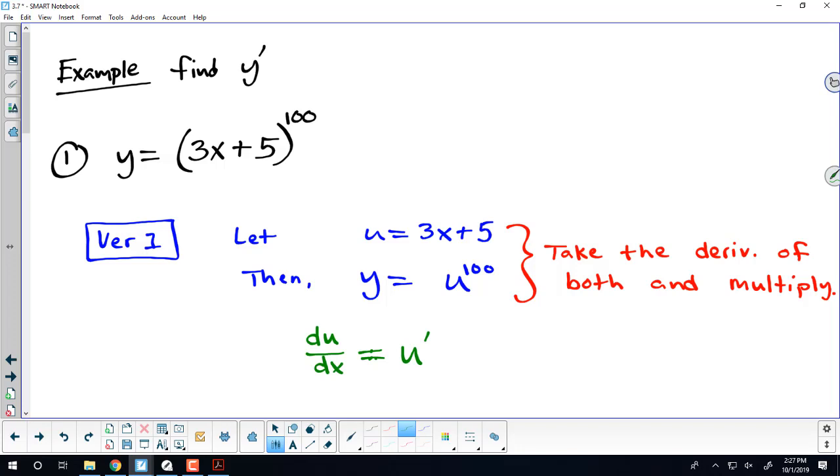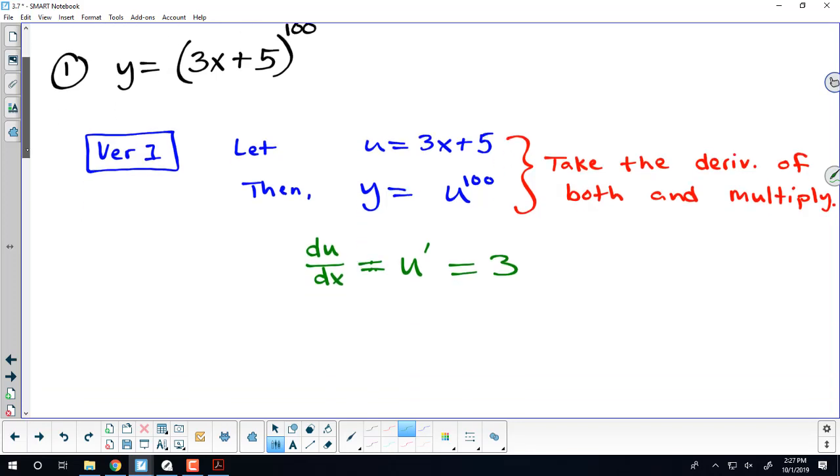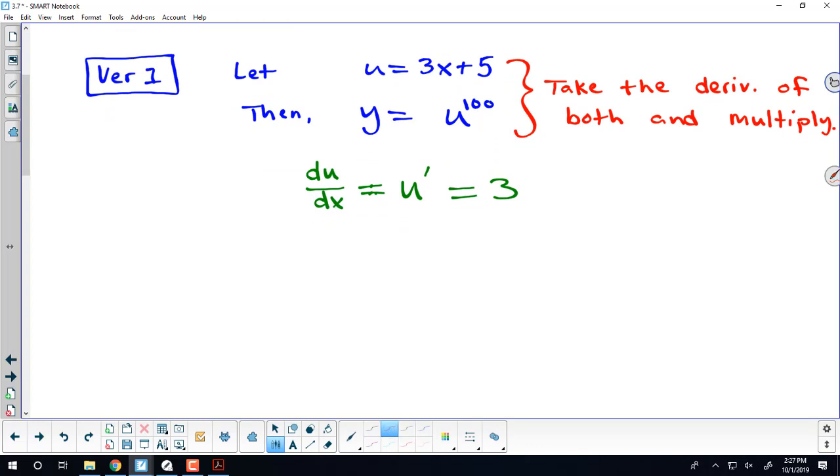3, right. The derivative of 3x is 3, plus the derivative of 5, which is 0. So the derivative of our substitution with respect to x is 3. The derivative of y with respect to the variable u is what? 100u to the 99.